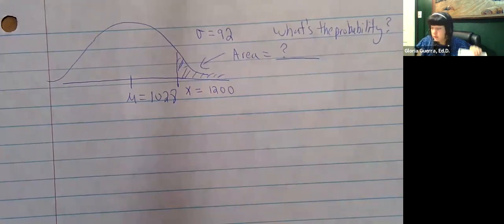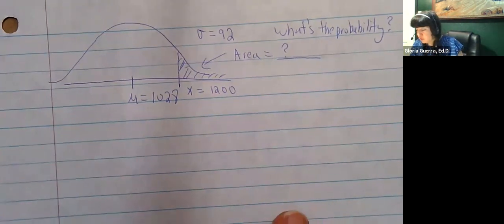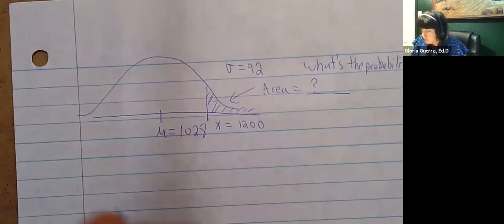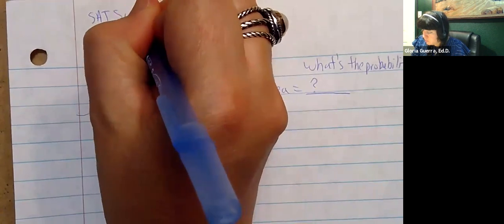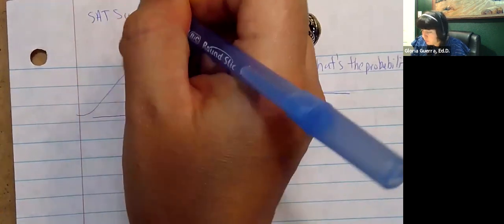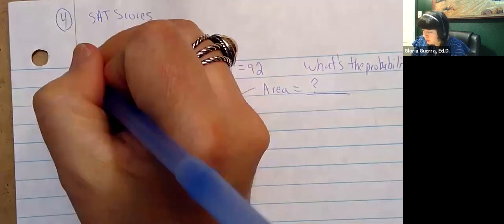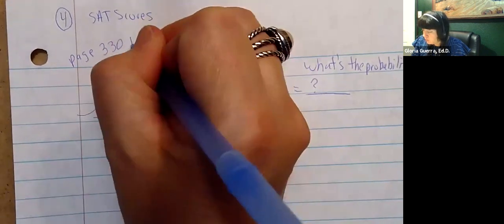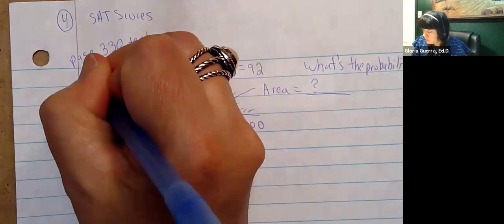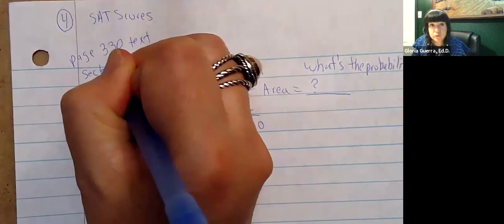All right. So then, let me just put the question at the top. Let me write this down. So I had SAT scores, and this looks like number 4 from your ebook. And I don't know if everybody has the same page. I have page 330 from your text, and this is from section 6.2.